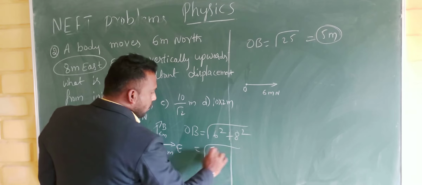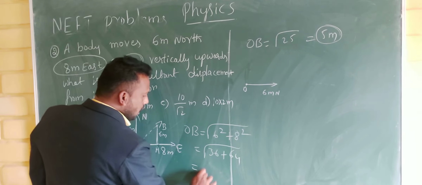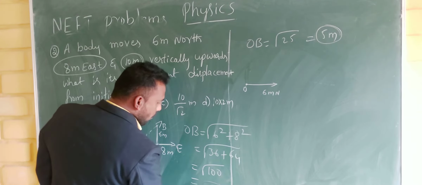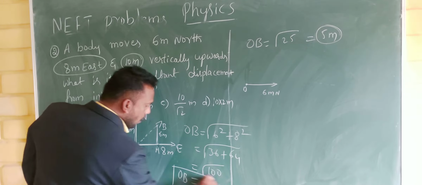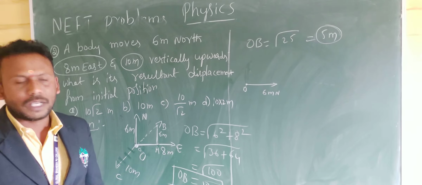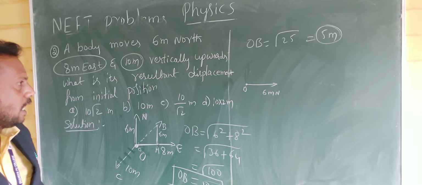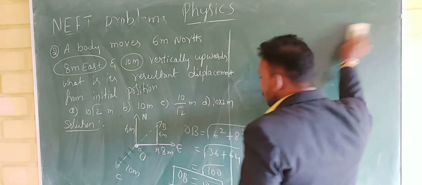That is equal to 36 plus 64, that is equal to 100. The square root of 100 is 10 meter. The resultant between north and east direction is 10 meter.